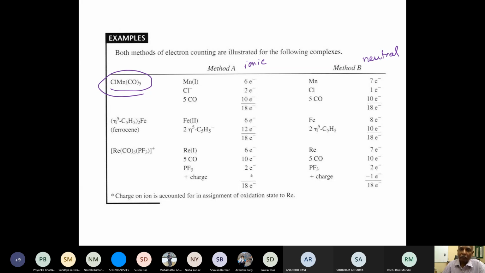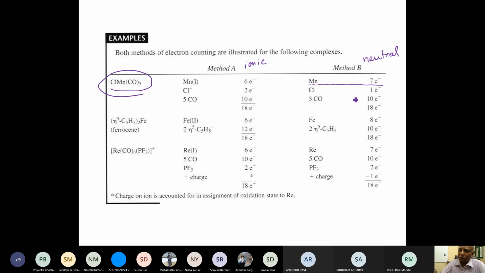So I have shared a periodic table in the files page. You can keep that in a convenient place to look up during the class. Manganese has d5s2 configuration, so a total of 7 electrons are there, right?